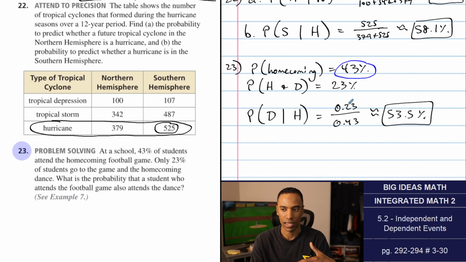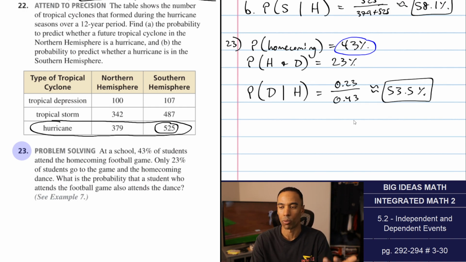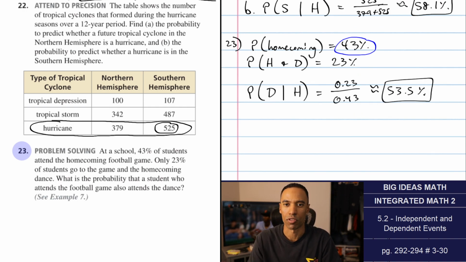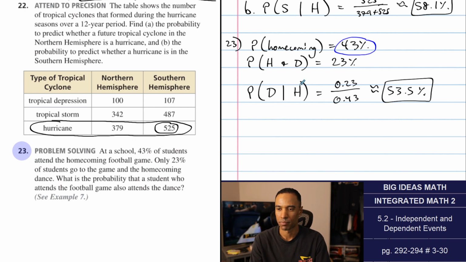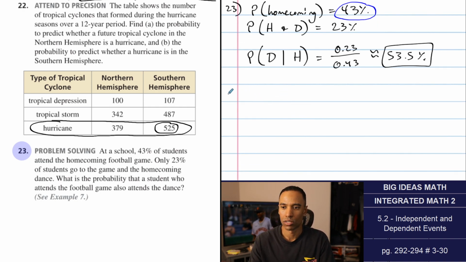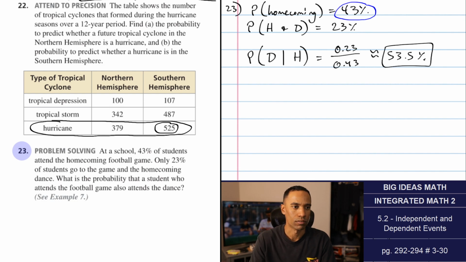So within that set of those who went to both, divided by the ones who did go to the homecoming football game, we get 53.5%. That's the conditional probability formula, though. Probability of B given A is probability of A and B divided by probability of A, whichever way we say it. Number 24.